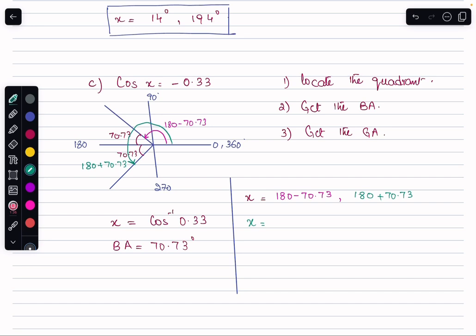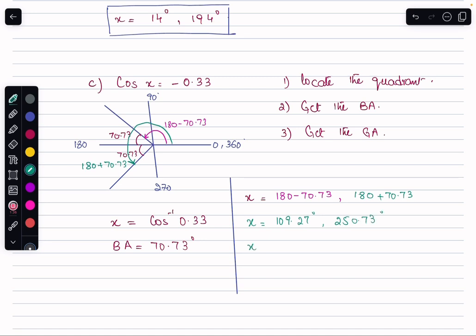So 180 minus 70.73 is 109.27, and 180 plus 70.73 is going to be 250.73 degrees.